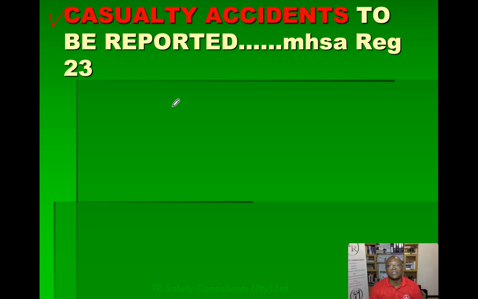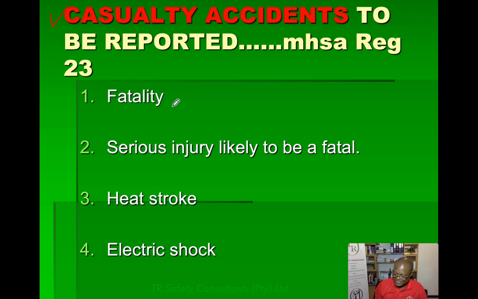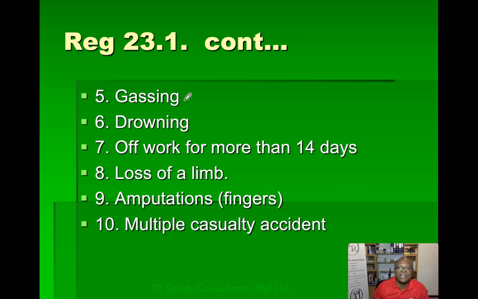So which ones are there? For casualty, obviously, all fatalities are reported. Serious injury likely to be a fatality, heat stroke, electric shock, and you'll find this also is highlighted in the Mine Health and Safety Act. Gassing, drowning, off work for more than 14 days, loss of a limb, amputations, multiple casualty accidents are also reported.